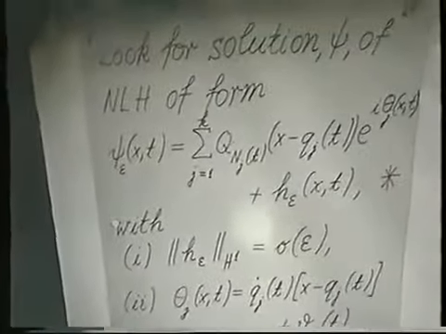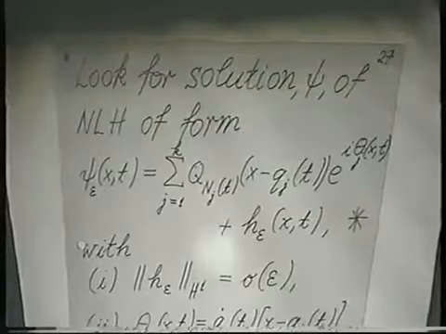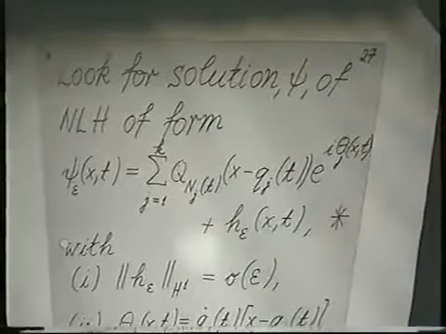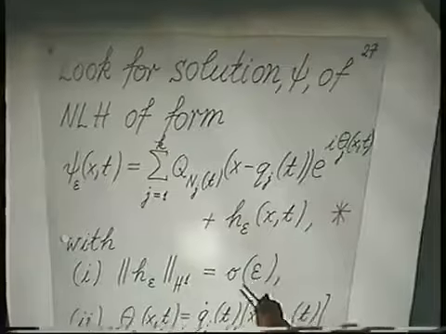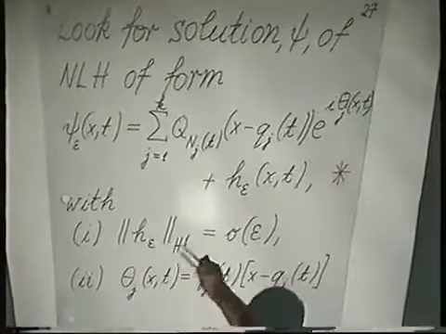We now make an ansatz for a solution of nonlinear Hartree to be a superposition of solitons. Now, since the equation is nonlinear, I have to add an error term, otherwise I don't get the solution. And the error term is h epsilon. Let's imagine this error term tends to 0 as epsilon tends to 0, a little faster than epsilon.